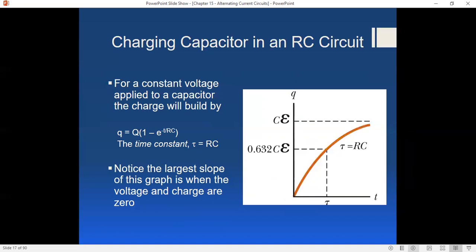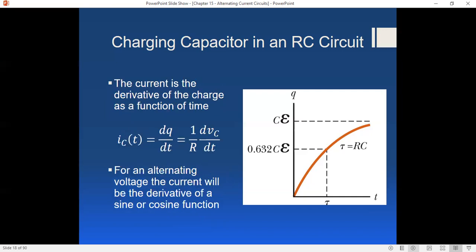So really, the current is the first derivative of the charge with respect to time, which means that it's going to be related to the voltage, but it's going to be a derivative of the voltage. I don't know if that really helps you very much, but we can write I as dq dt. Q is equal to V over R, so we can rewrite it like this.